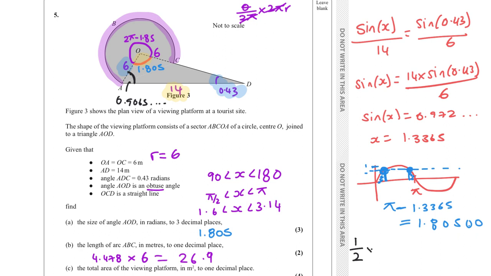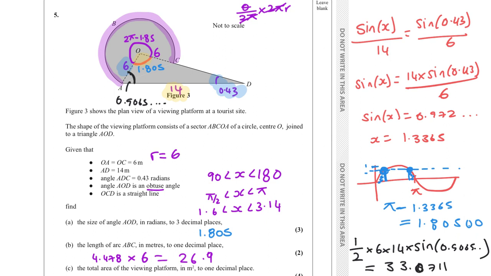So a half times 6 times 14 times sine of that angle, 0.9065 dot, dot, dot. But I've left it as answer in my calculator. So a half times 6 times 14 times sine of the angle, answer. So the area of the triangle is 33.0711.